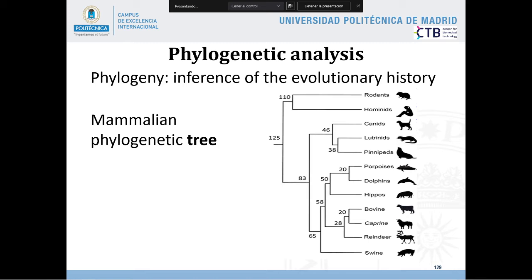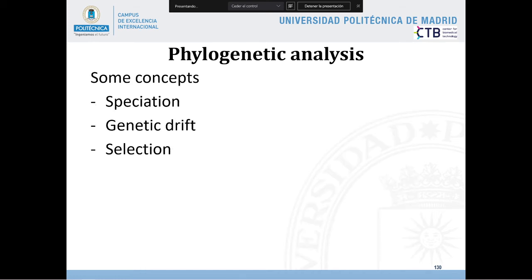So for example, this would be the mammalian phylogenetic tree of the different animals. There were some concepts that I wanted to comment on. Speciation is the evolutionary process by which reproductively isolated populations can evolve to become different species.